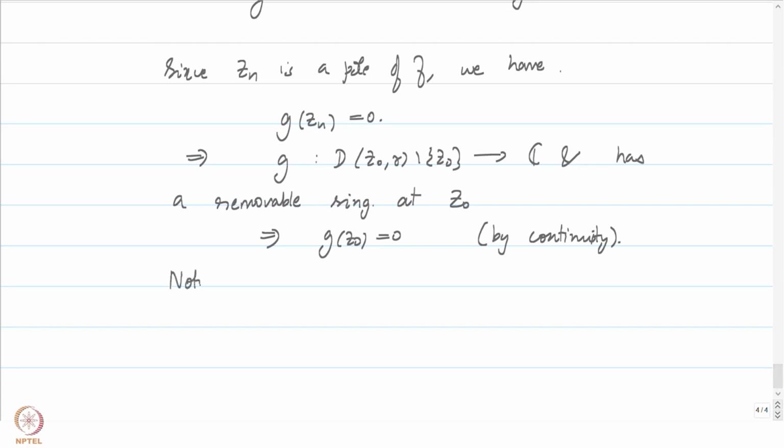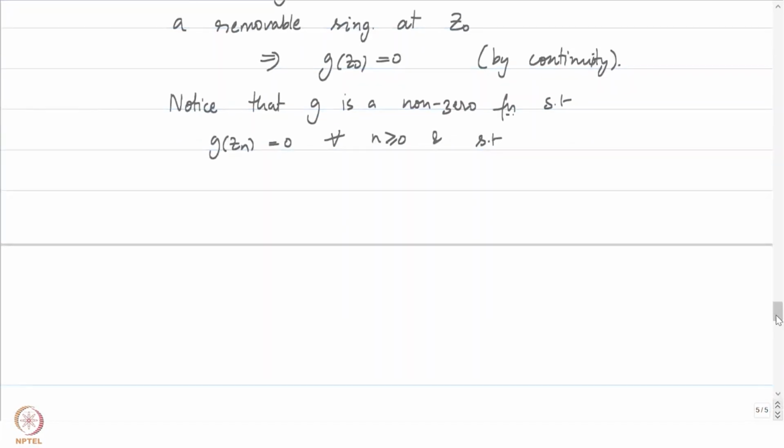Now notice that g is a non-zero function such that g of zn is equal to 0 for all n greater than or equal to 0, and such that the set {z0, z1, and so on} has a limit point. That's a contradiction to the identity theorem, or the statement that the zeros of a non-zero holomorphic function are discrete, are isolated.